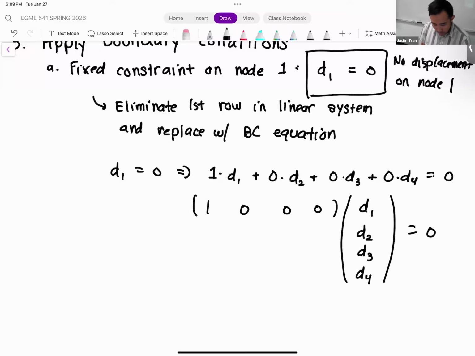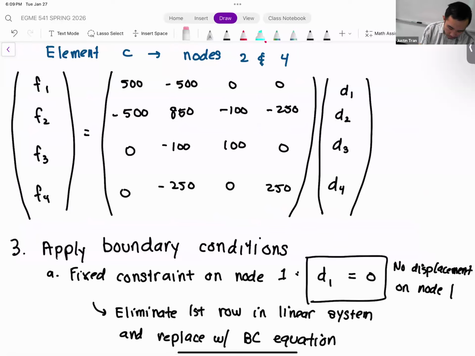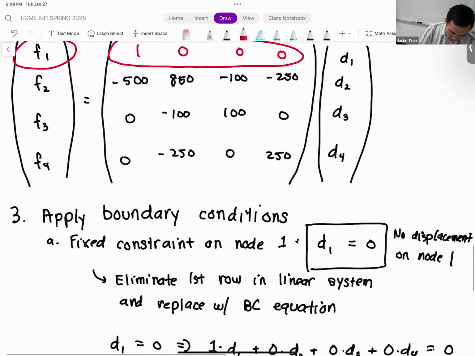If we apply this to our global linear system, we're going to apply it on the first row. We're essentially going to replace that with the equation that we just wrote out. So the coefficients in the matrix now become 1, 0, 0, 0, just like we wrote down here.